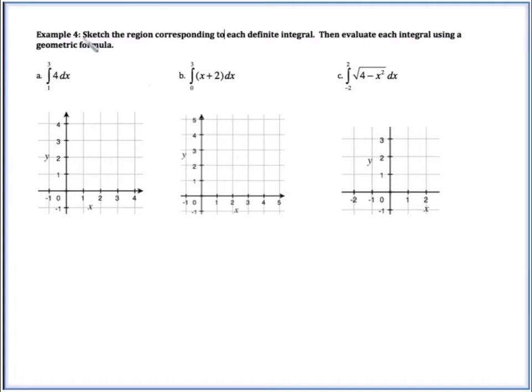Now in example 4, it says sketch the region corresponding to each definite integral, then evaluate each integral using a geometric formula. Okay, so we know that this is going to go from 1 to 3, so from here to here, and it's going to be of the function 4. Well, that's just a horizontal line.